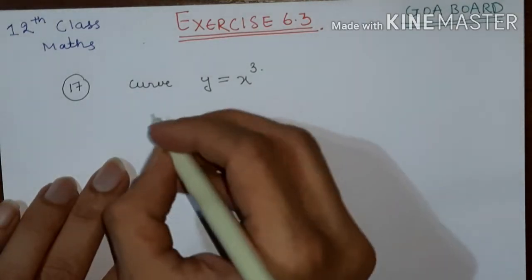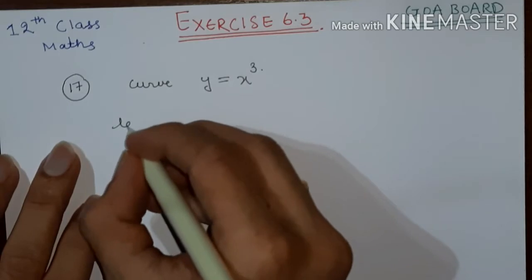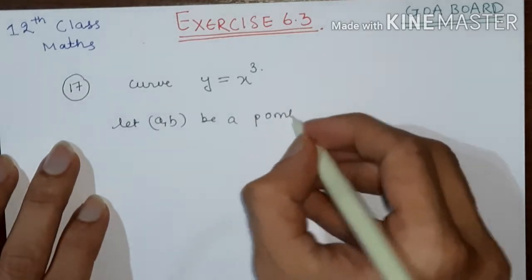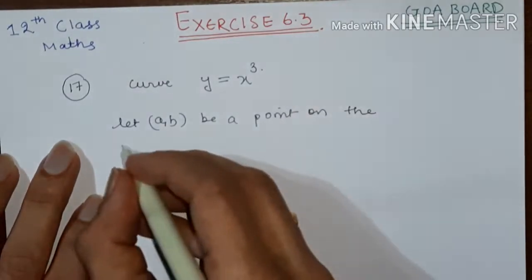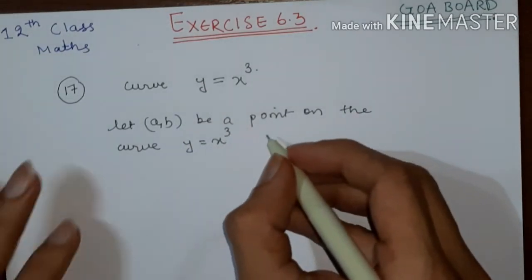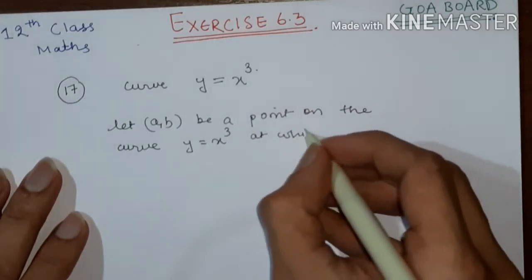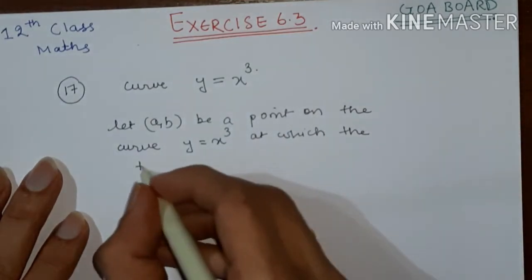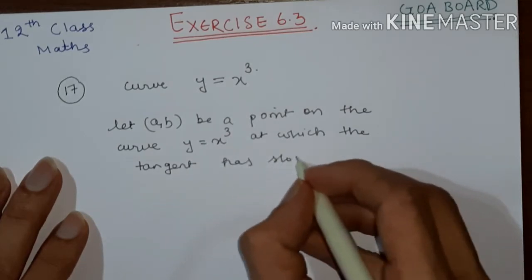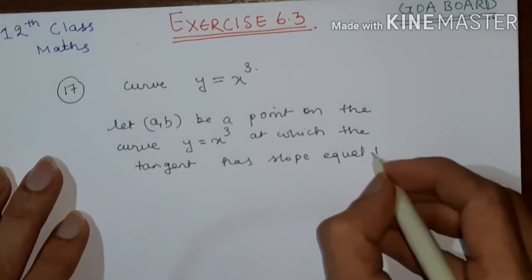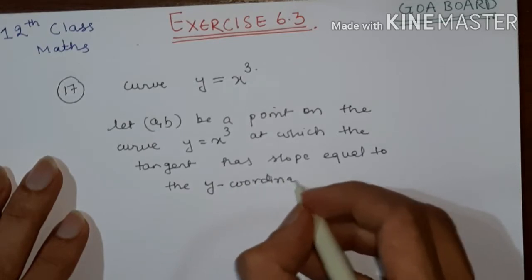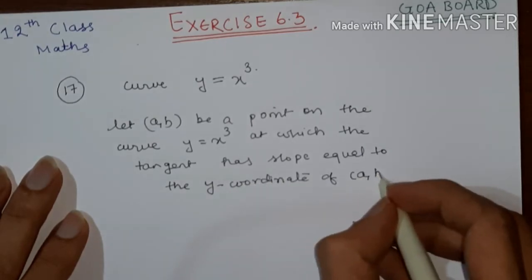Let a comma b be a point on the curve y equal to x cube at which the tangent has slope equal to the y coordinate of a comma b.